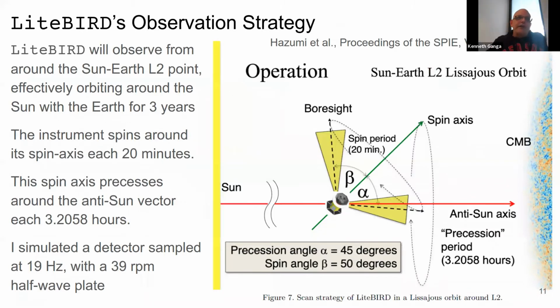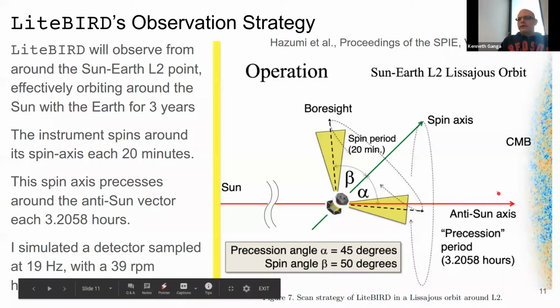One of the things that I needed to do here is really just make a simulation of the LiteBIRD scanning, and it's complicated. It's more complicated than the way Planck scans. It's similar to the way WMAP scans, but it's not doing differencing telescopes; it only has one. Essentially, the anti-sun axis goes slowly around the sun.